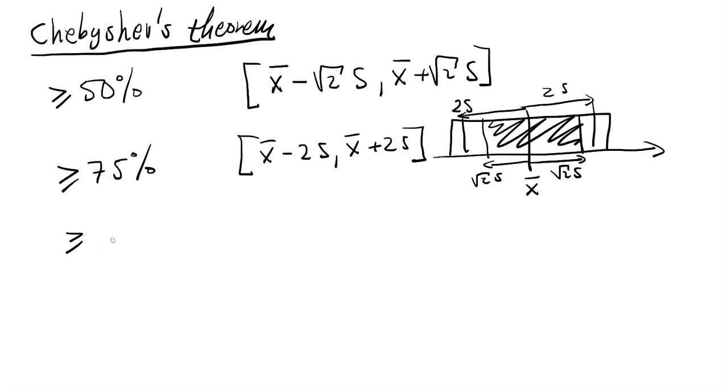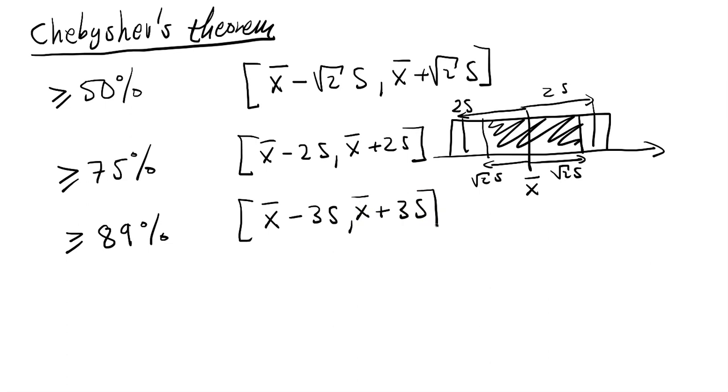And at least 89% if you go out 3 standard deviations from the middle, or the average to be precise. So you go to the left 3 standard deviations, to the right 3 standard deviations.